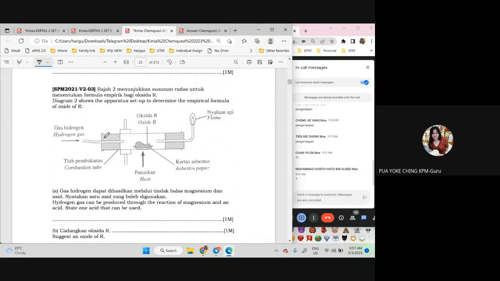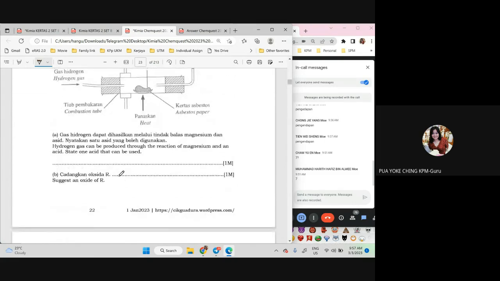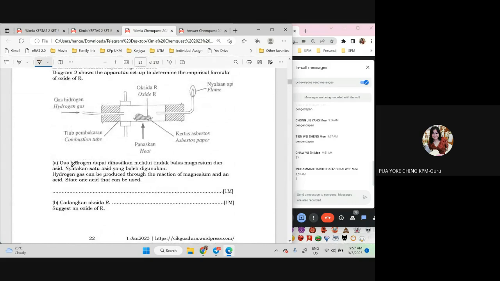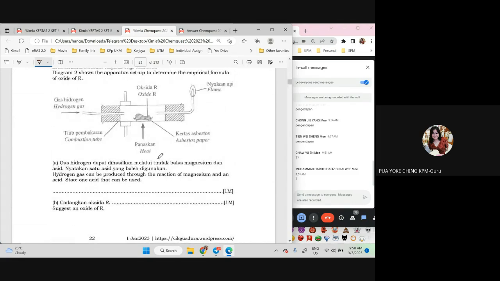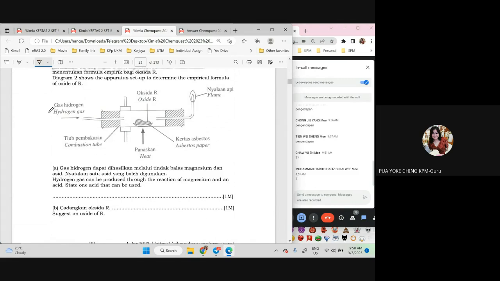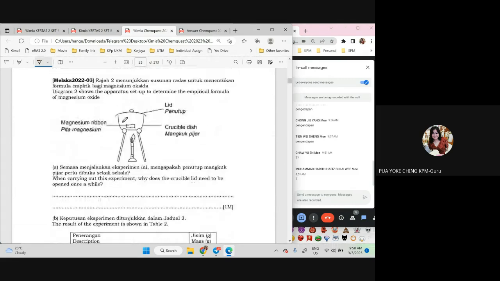So you have the hydrogen gas combustion tube panaskan. Okay, cadangkan oksida R. Okay, this one is gas hydrogen, how to get gas hydrogen, magnesium and acid lah. Apa acid saja tulis, HCl boleh, sulfuric acid semua pun boleh. Cuma yang ni kena ingat, saya rasa I pun dah cakap banyak kali. For empirical formula, kita ada dua jenis. Jenis yang pertama ialah untuk reactive metal.